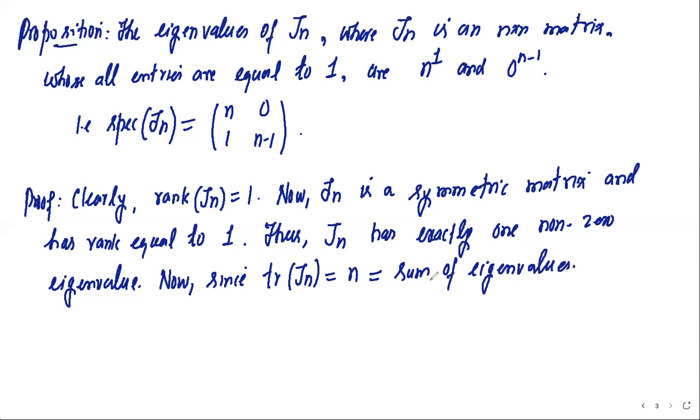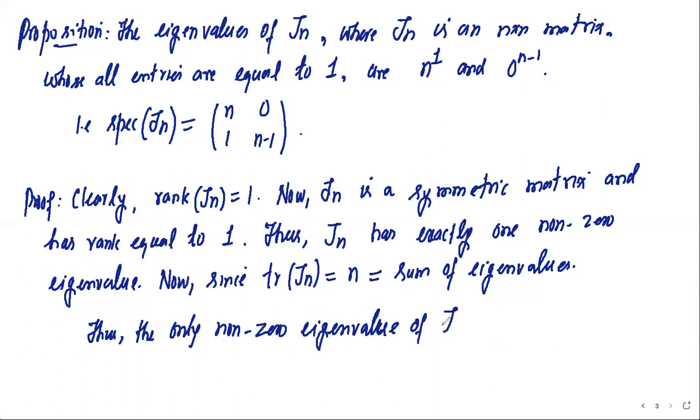But since exactly one eigenvalue is non-zero, and all the remaining eigenvalues are equal to 0 because the rank is equal to 1, thus the only non-zero eigenvalue of Jn is n.